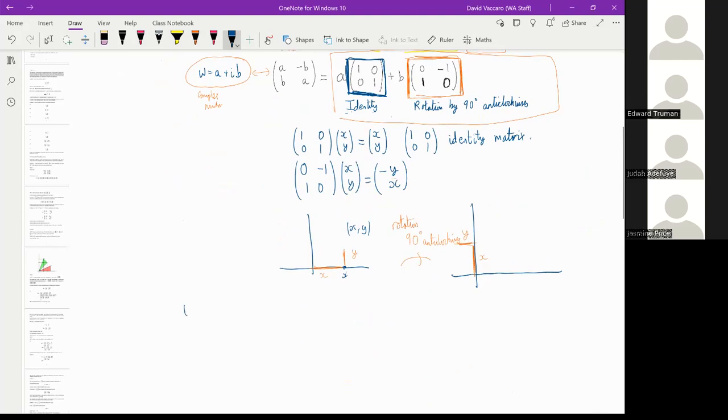Well, if my complex number was 1, then the matrix of the transformation would just be 1 times 1, 0, 0, 1. So we can think of this identity matrix is in some sense the same as multiplication by 1.